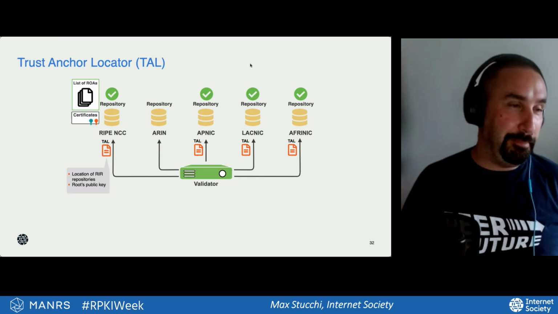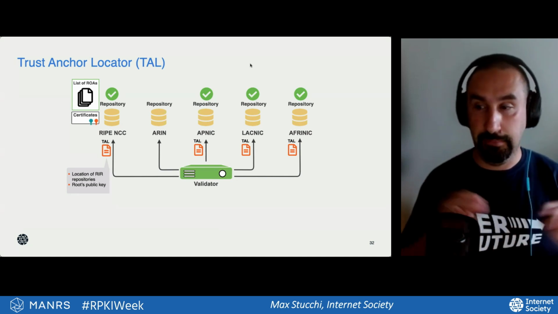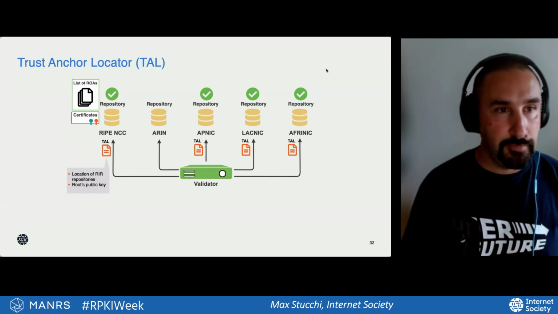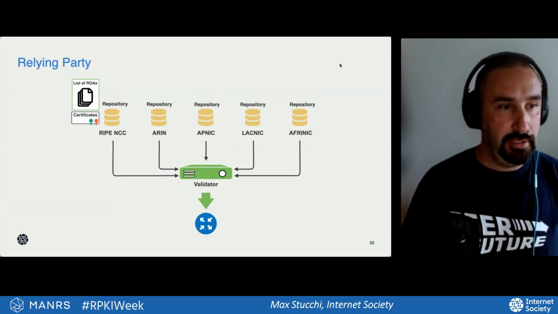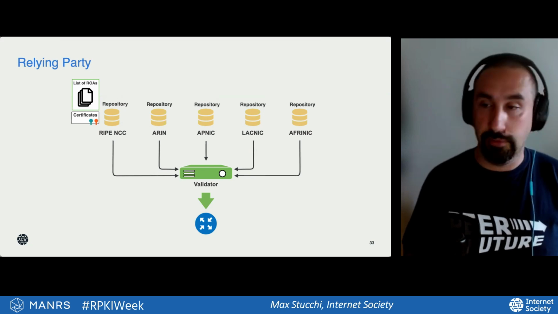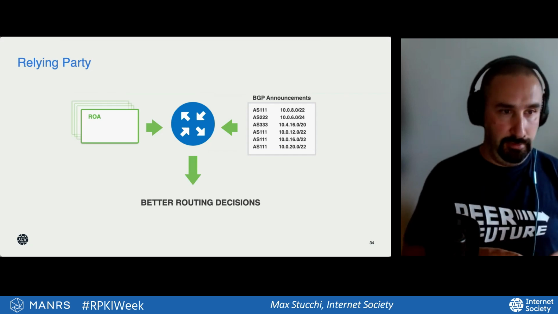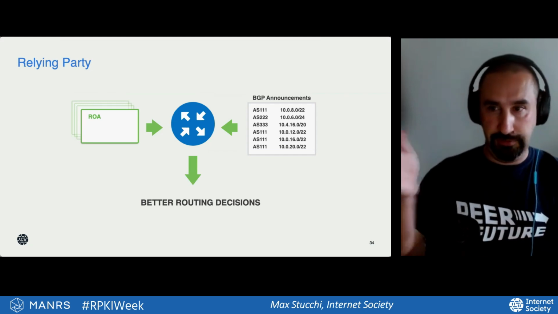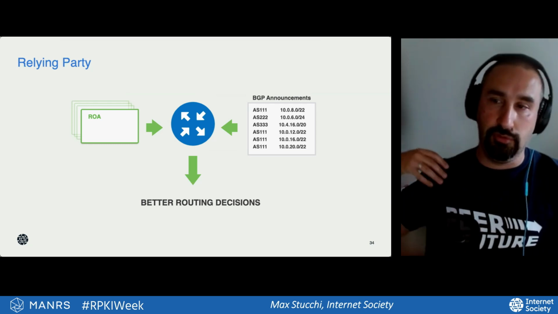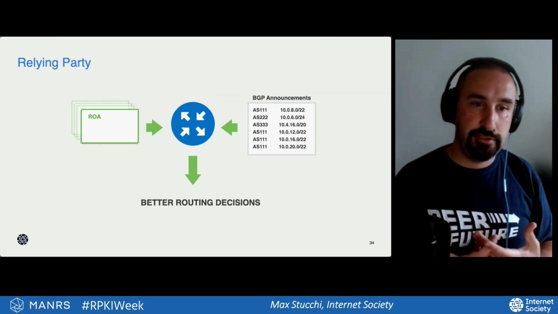Okay, so I was talking about trust anchor locators. The role of the validator is to be in the middle of it all, download the data, verify the chain of trust, and then provide data to the router. So the router, that also stands in the middle, gets ROAs on one side, BGP announcements on the other, and then it can use ROAs to verify data in the BGP announcements to see if they match.